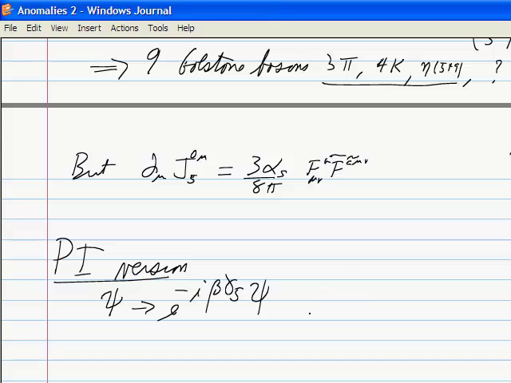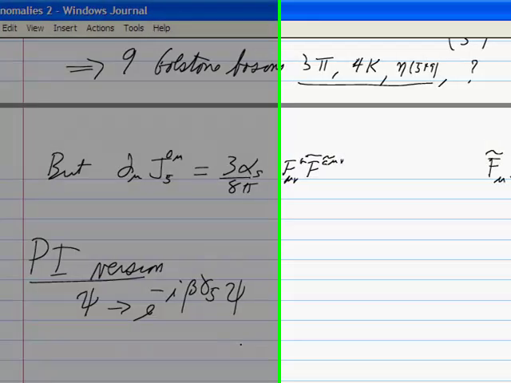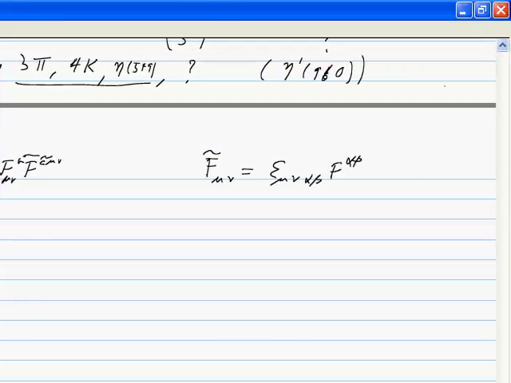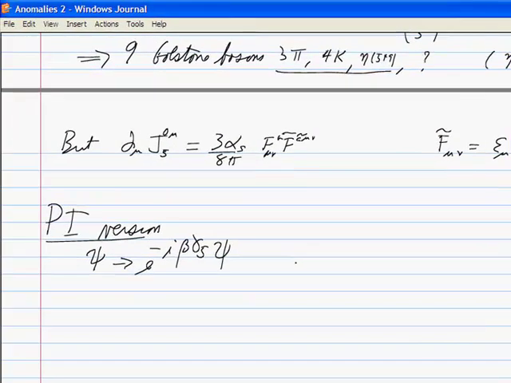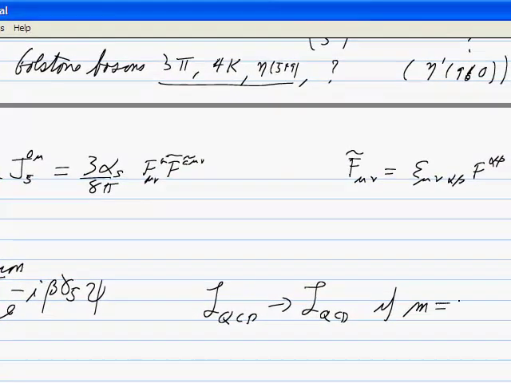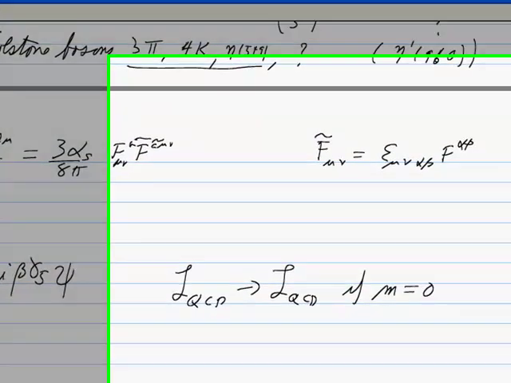If you do this, LQCD goes to LQCD if the mass terms are 0. So if you do this on any of the fields, it looks like there's an invariance. The current is the one that I wrote out before.